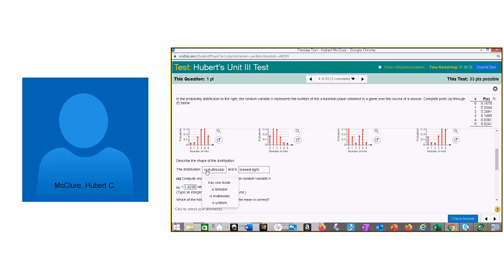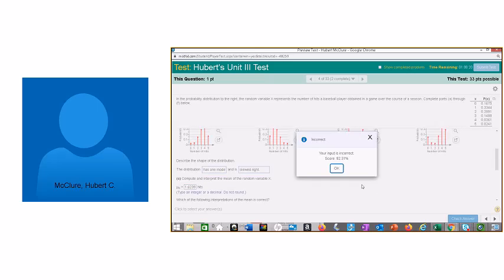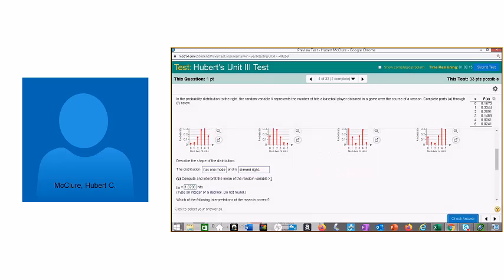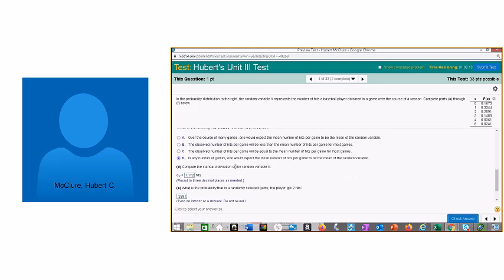So that means which one I didn't pick? One mode? Okay, got that right. So I must have got this one wrong down here. How many parts does this thing have? There we go.